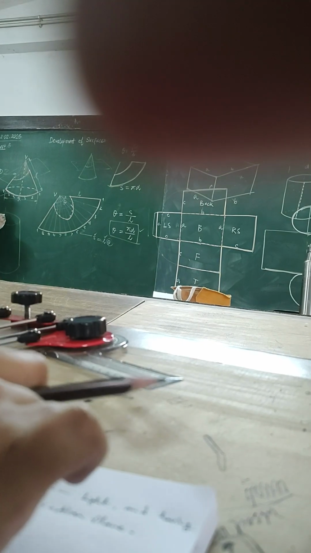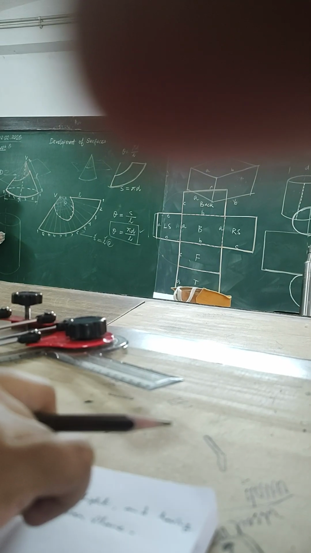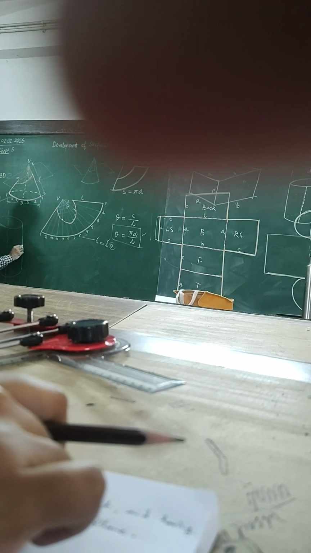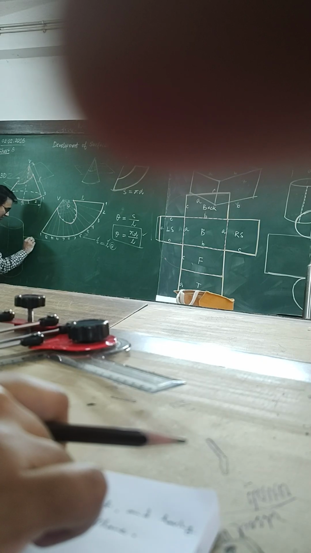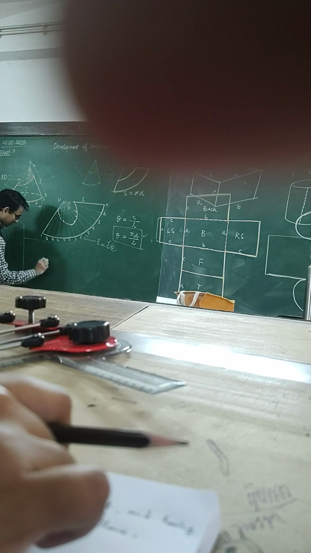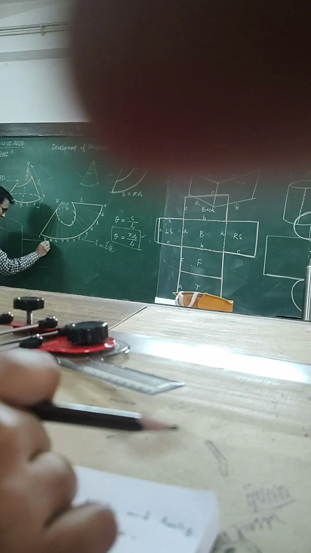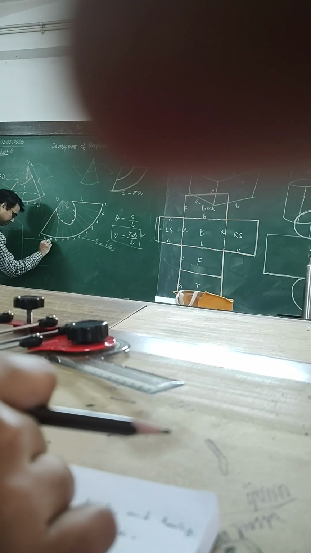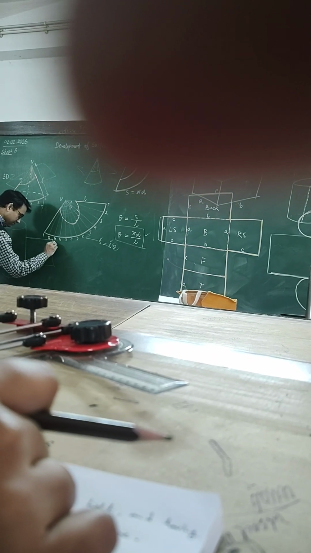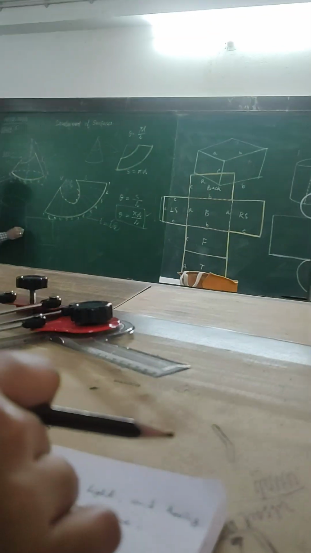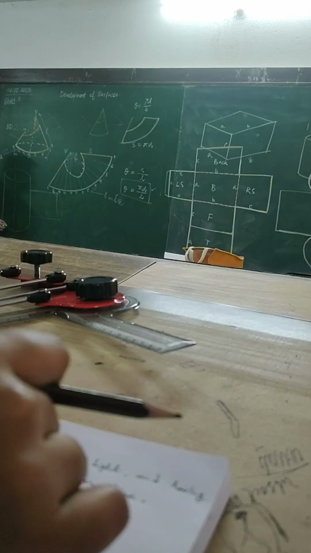Another is an intersecting cylinder, like this. It is intersecting, but that intersection will not definitely be a line.